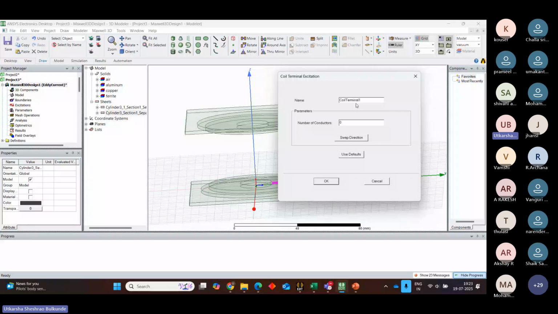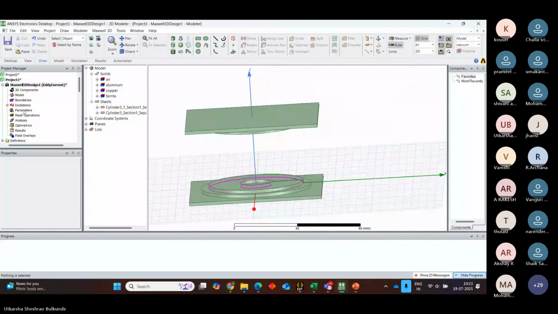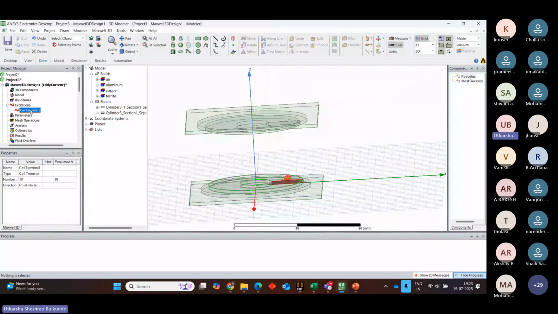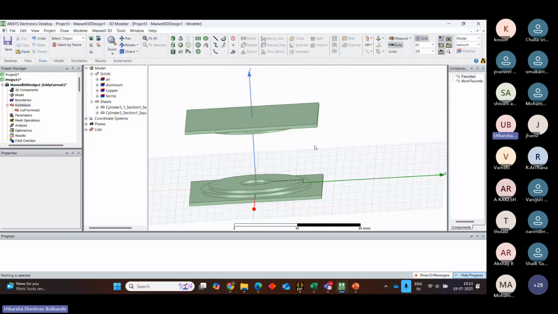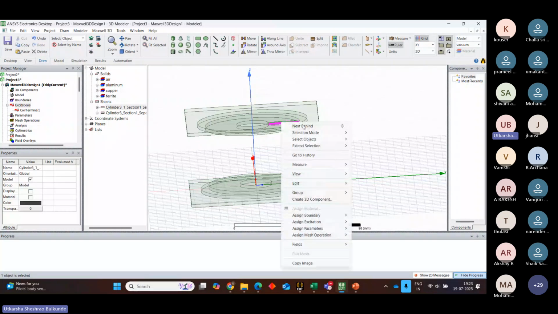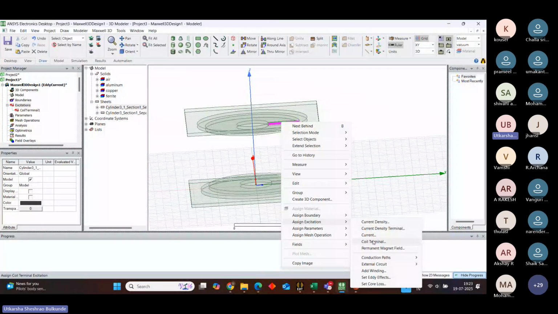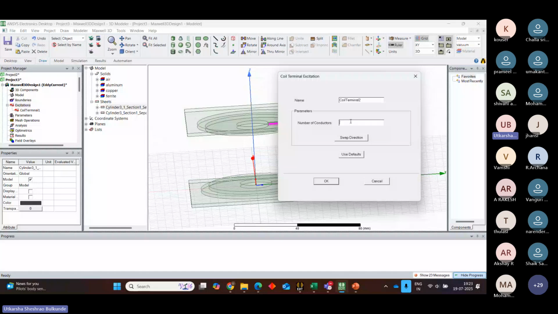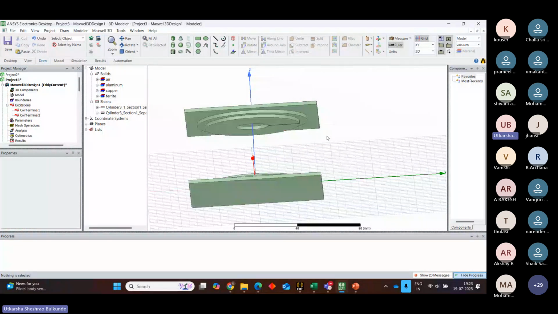Fine. Then number of conductors is your number of turns. So let's keep 10 here, and just see the direction. It's in backward direction, so same direction following up in the upward coil also, in your receiver coil also. Select the section, assign excitation, coil terminal, number of conductors 10, and okay. Fine.